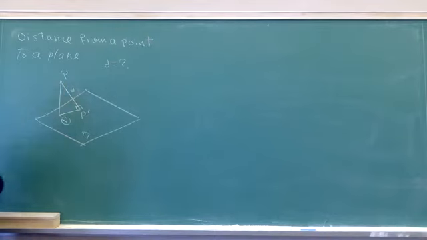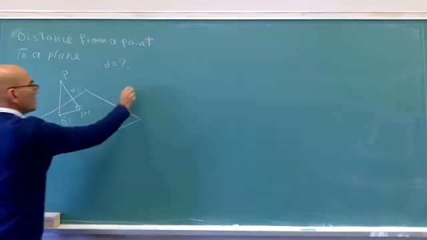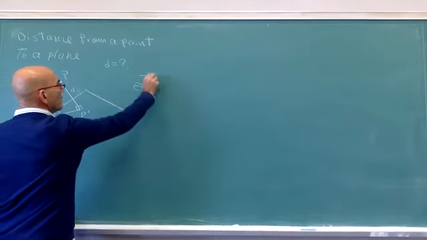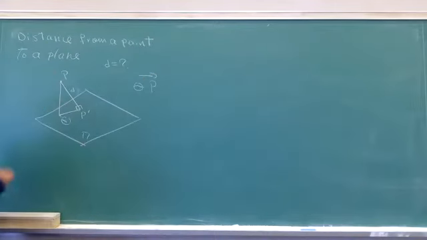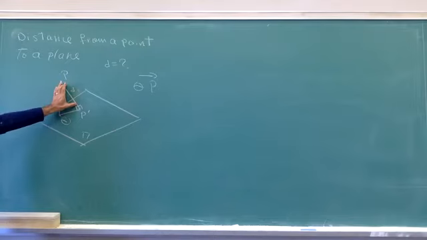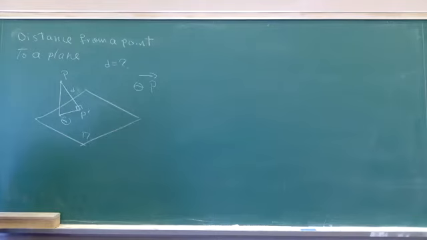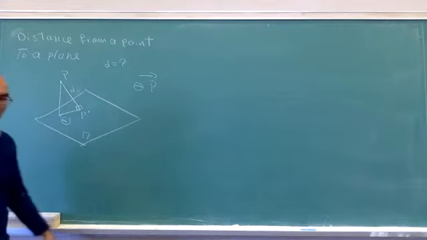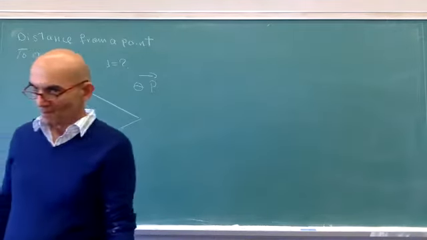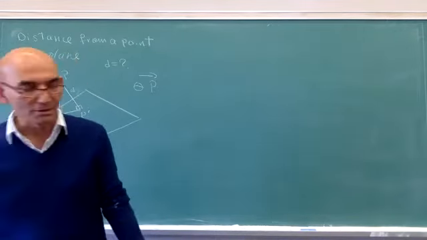Then we have this QP vector, and what we are doing is projecting this QP vector onto this line, and we want to compute this one. Okay, so how should we proceed now? Can you tell me what formula we have to use and stuff like that?